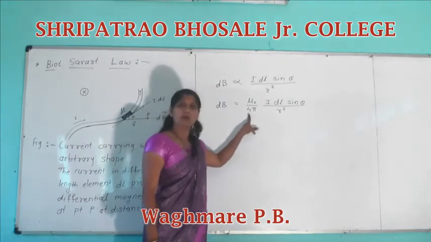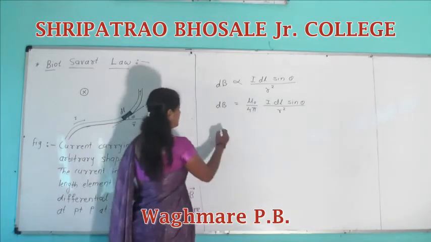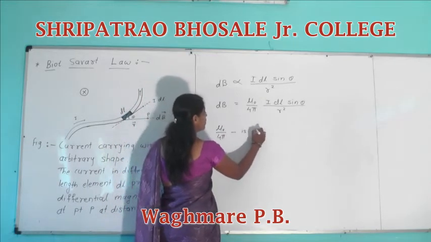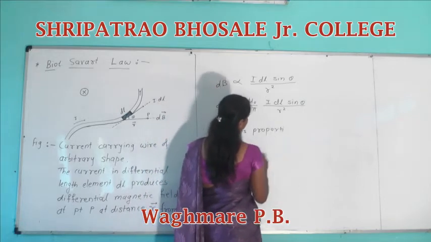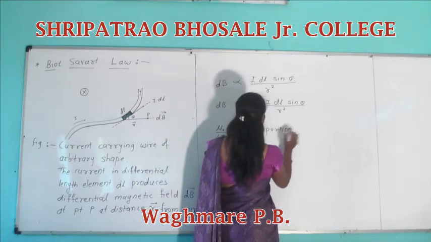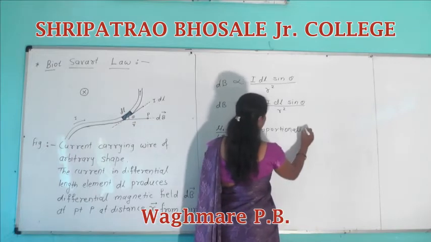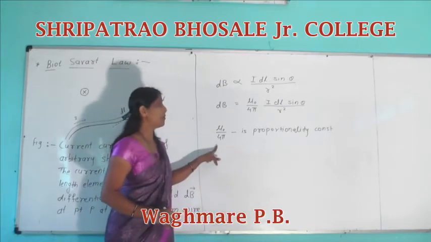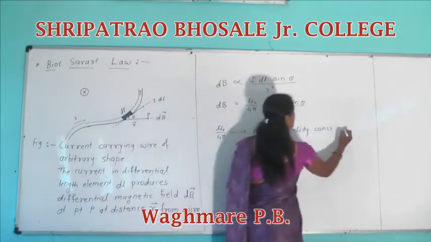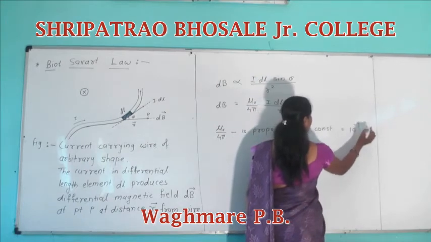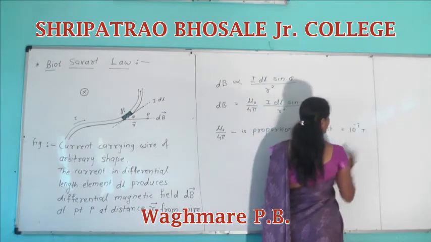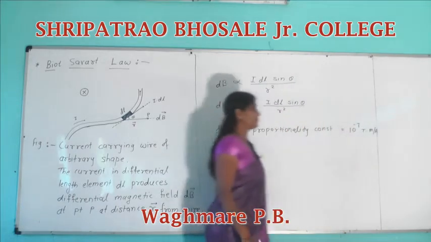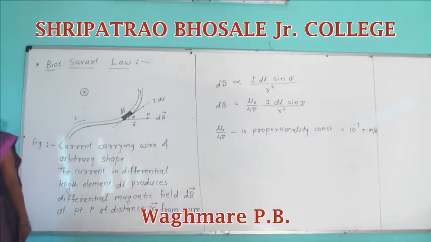Mu 0 upon 4 pi is the proportionality constant, and the value of mu 0 upon 4 pi is equal to 10 raised to minus 7 Tesla into meter per ampere.